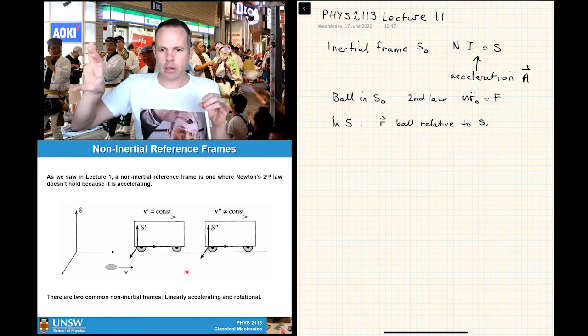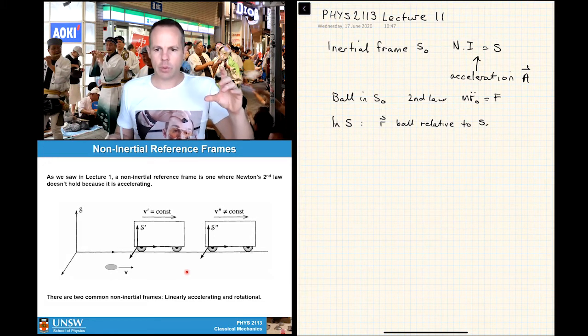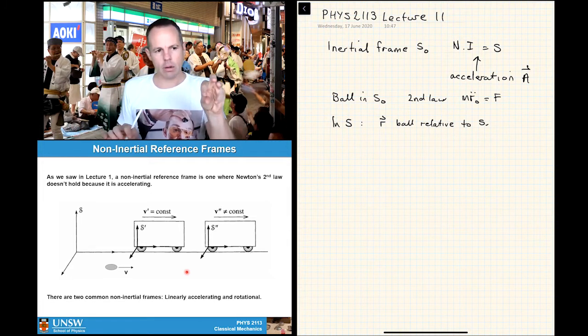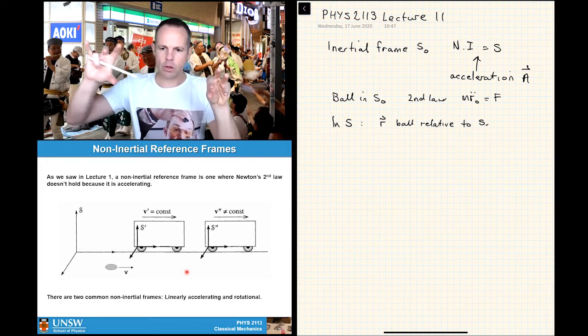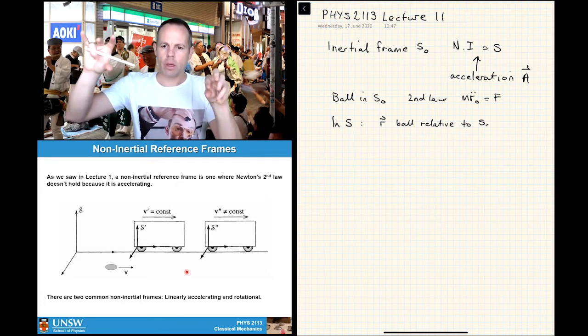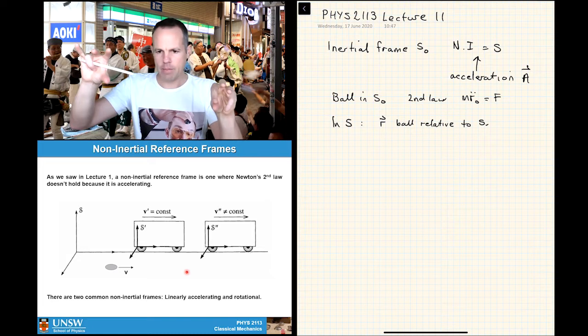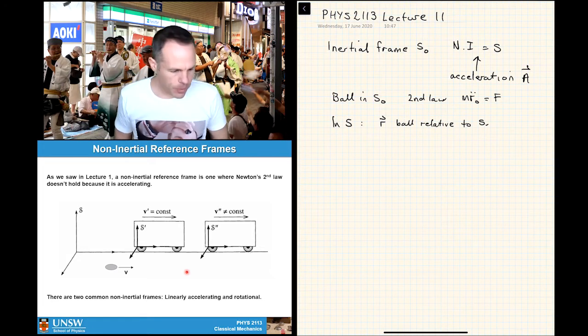But at any particular point, what we can do is relate the velocity of the ball in the inertial frame S0 to the velocity of the ball in the non-inertial frame S, with an extra piece which is just the velocity of frame S with respect to frame S0, okay?